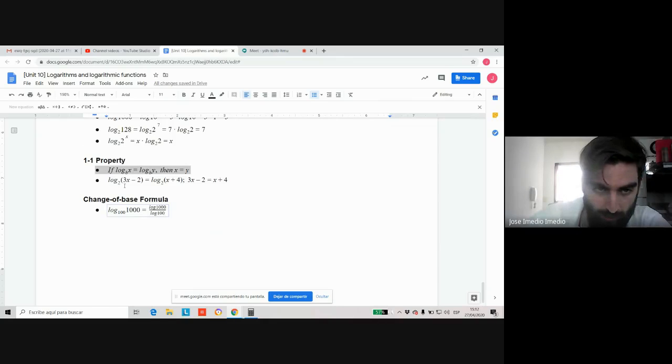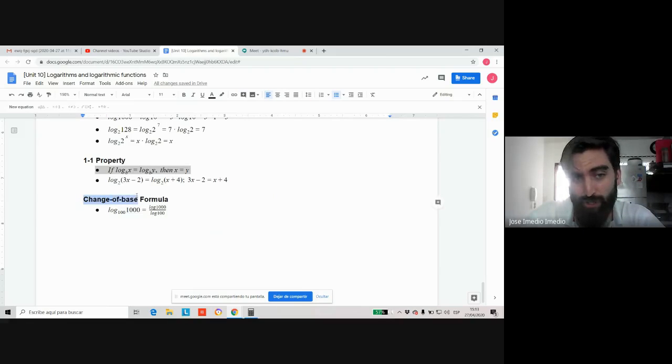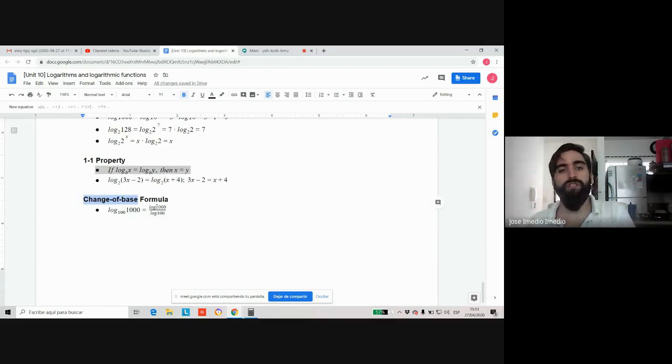Okay, so the common logarithm of this number here divided by the logarithm of this number here. These two should have the same base. Because actually what we're doing is a change of base. We are changing the base in order to take it to one which is more common, more useful, easier to operate with your calculator, and so on.